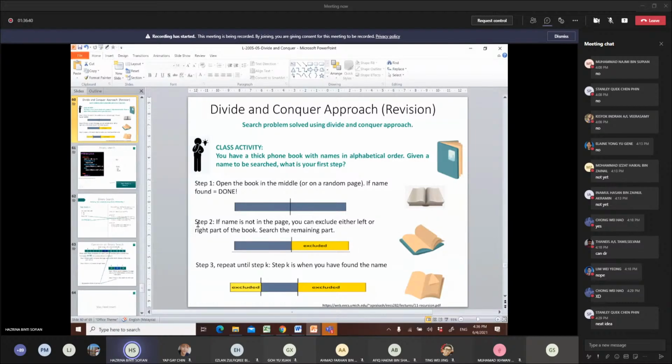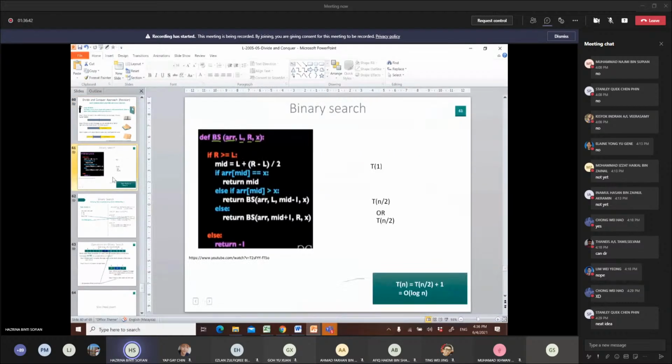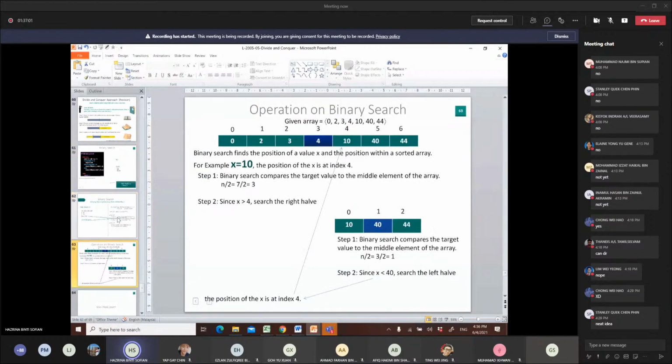Even when you want to adopt this binary approach, you need to look at the nature of your problem. It's not necessarily that it needs to be divided by 2. All right, so okay with binary search?